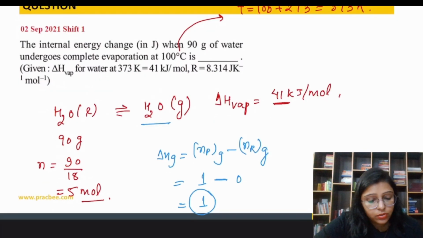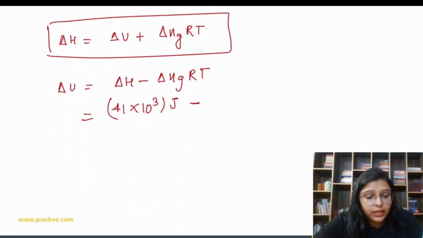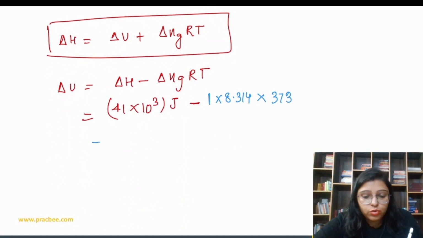Let's do this. So delta Ng is 1, R value you have to take 8.314, and temperature is 373. On solving, you get 37898 joule. But that is per mole.